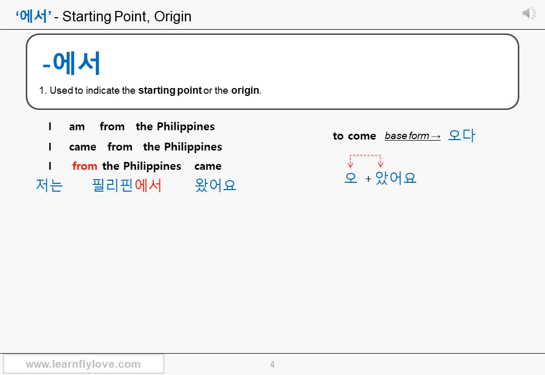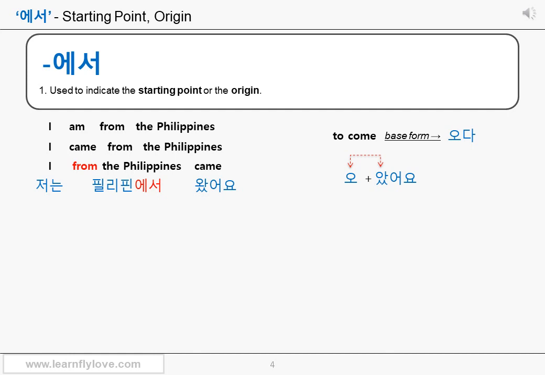The Philippines in Korean is 필리핀. You know we don't have F sound in Korean, so we use the P sound instead. 필리핀. From the Philippines. The Philippines is the origin where you come from. So you use this particle 에서. 필리핀에서. Came. The stem 오 plus 았어요 becomes 왔어요. 저는 필리핀에서 왔어요.